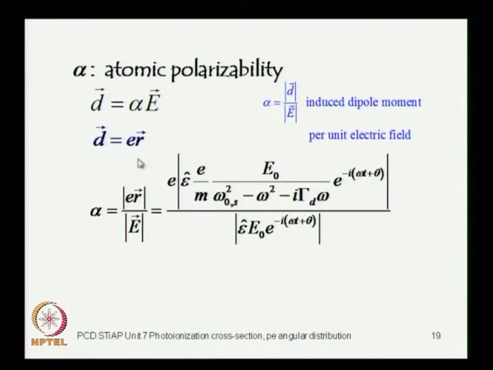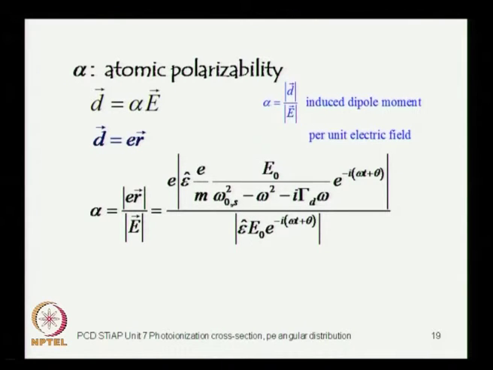So, you can get alpha as the ratio of er over E, right. So, you get alpha, the atomic polarizability, as the ratio of the dipole moment to the electric intensity, and this electric intensity you already know is the modulus of this applied electric field, and the solution r is what we just obtained from the classical oscillator, which is the damped driven oscillator.